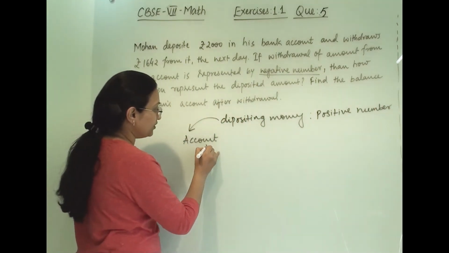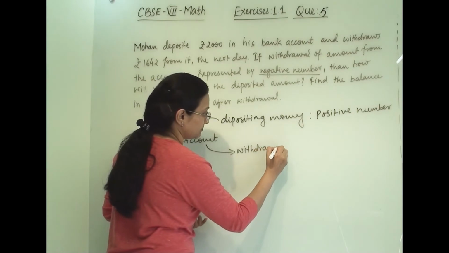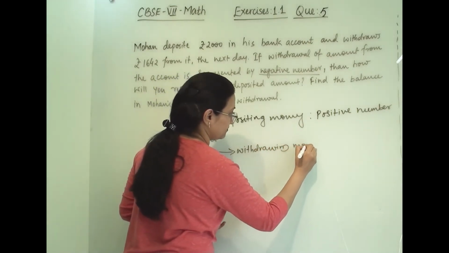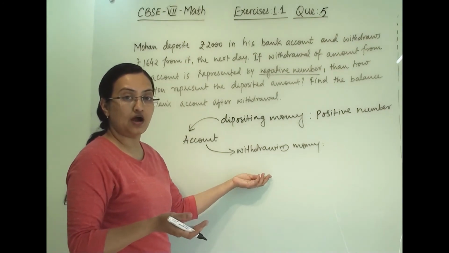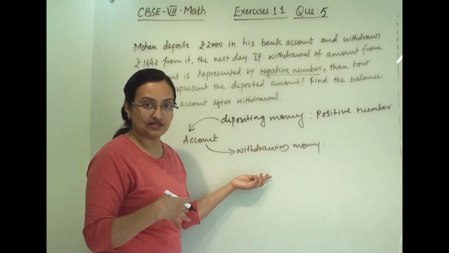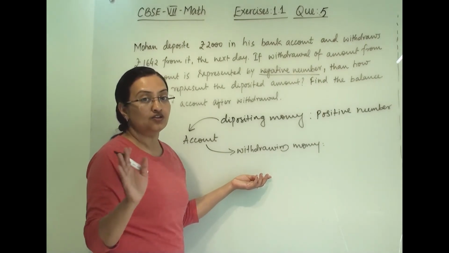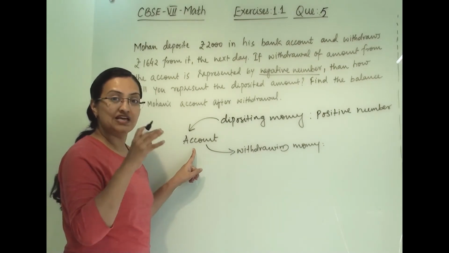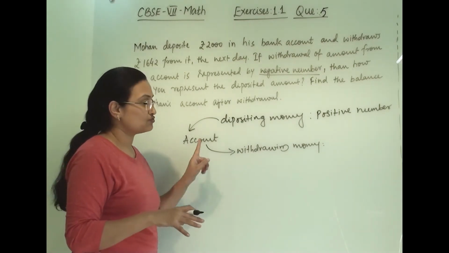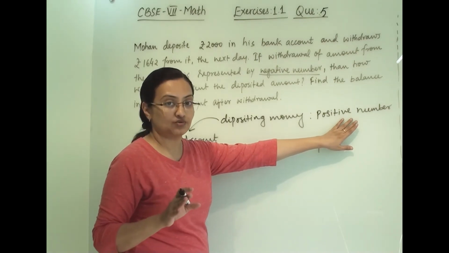Whenever you are withdrawing money from the account, it is not like you will lose what you put in. Whenever you are putting money in the account, it is coming into your savings, so always we represent that money with a positive number.